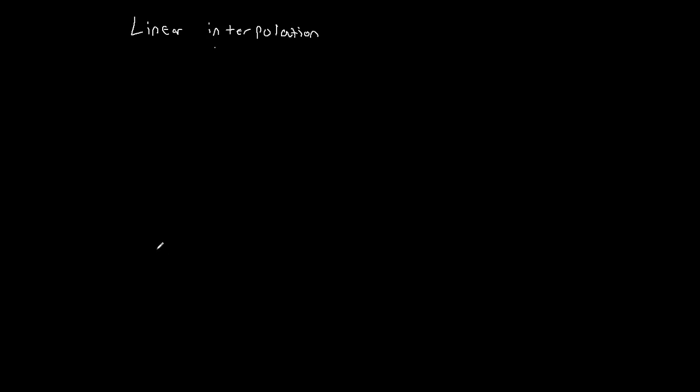So let's talk about what linear interpolation actually looks like. Let's assume that we have a point here called A, and we have a point here called B. What linear interpolation can do is, assuming that our point lies on a straight line between A and B, let's say it lies right here, and we'll call this C, linear interpolation will allow us to use the value of A and the value of B to estimate the value of C. Or, given the value and location of A and the value and location of B, we can estimate where along this line some new point C will sit with a given value.